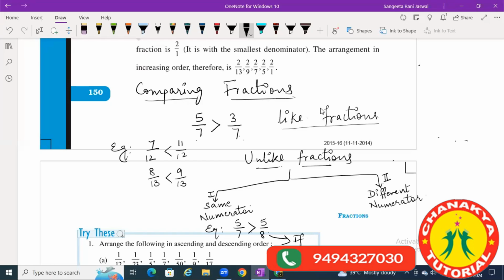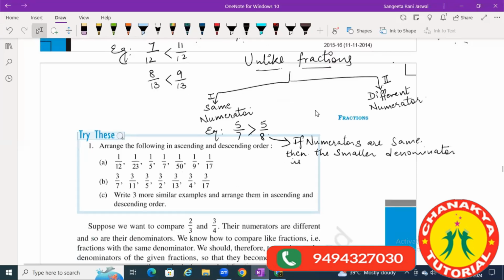If numerators are same, then the smaller denominator is a greater fraction.